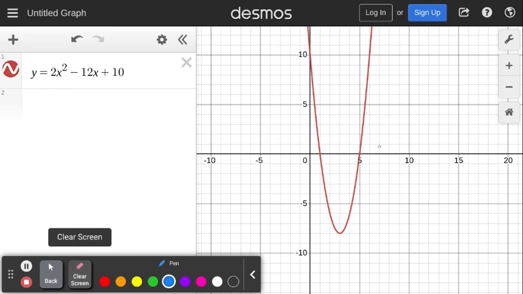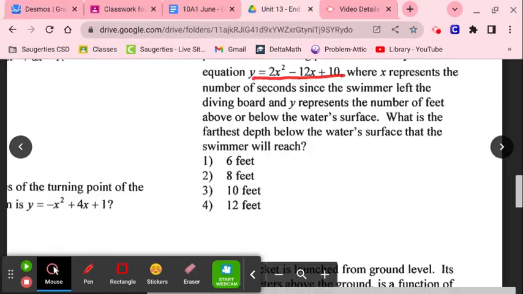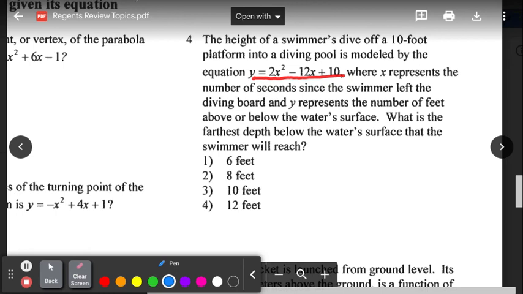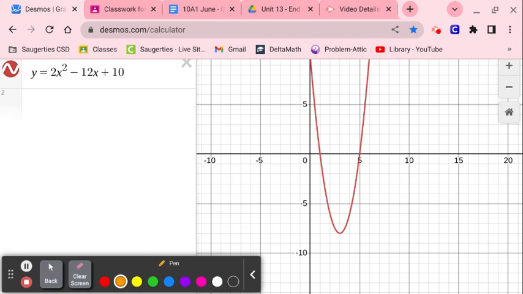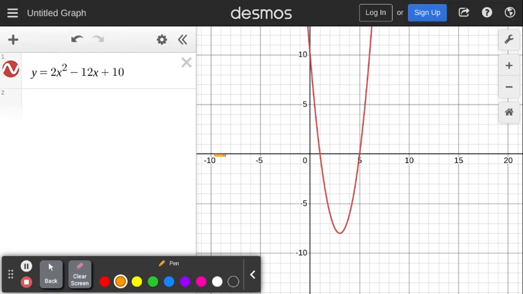So let's go back and look at this question. What is the farthest depth below the water's surface the swimmer will reach? So when you're looking at these problems, the X is time, so let's say seconds. And then the Y is how high you are. So they started at 10 feet.